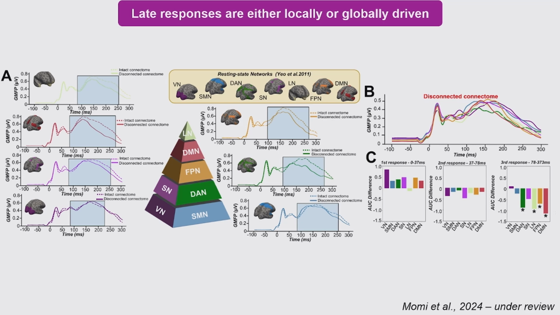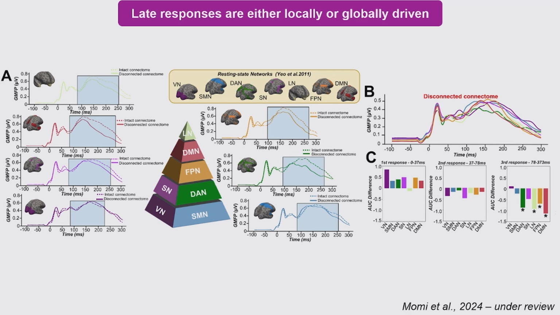On the other hand, we saw a suppression of the responses for the high order networks compared to when we run the simulation with the intact structural connectome. And those are the areas under the curve, showing how much they change compared to when we run the stimulus with the intact structural connectome. You see a suppression of the response for the high order network compared to the low order network, specifically for the late responses.